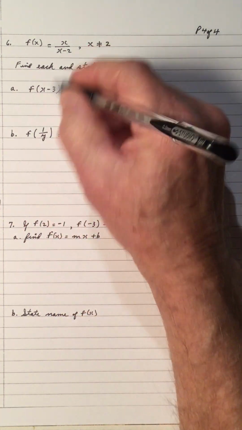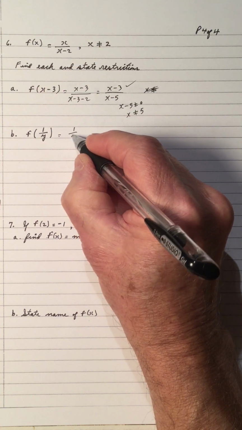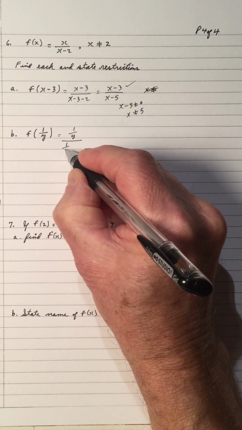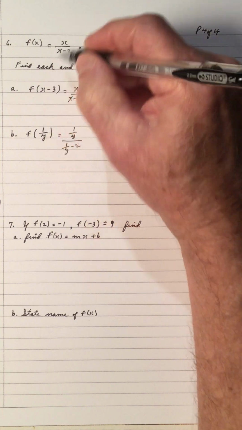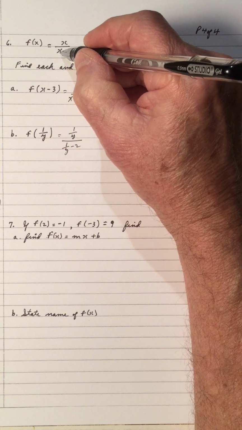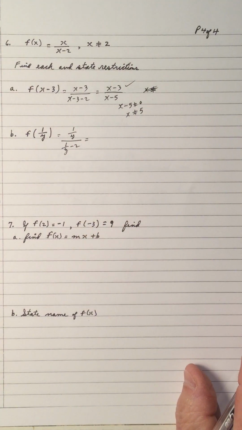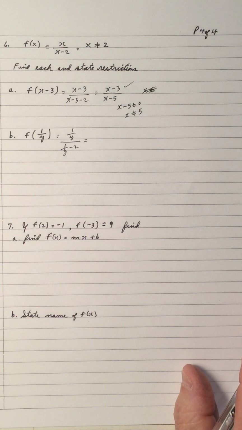So 1 over y is going into place of x. So that's 1 over y divided by 1 over y minus 2. So 1 over y is going right here, and 1 over y is going right here. Now what we have here is what we call a complex fraction. In rational expressions, we did a whole topic on complex fractions.